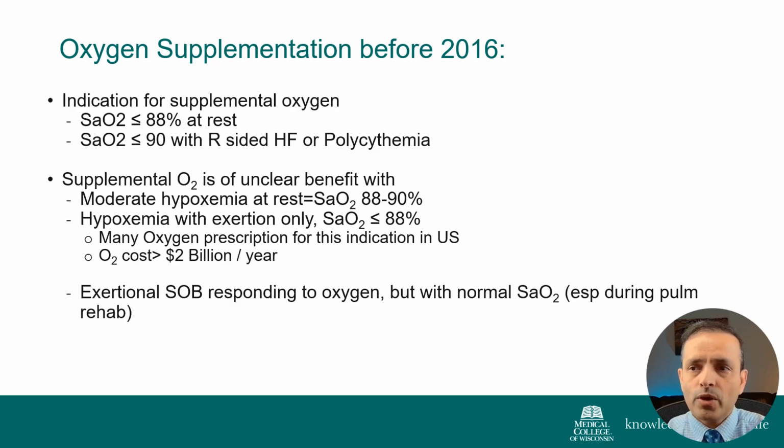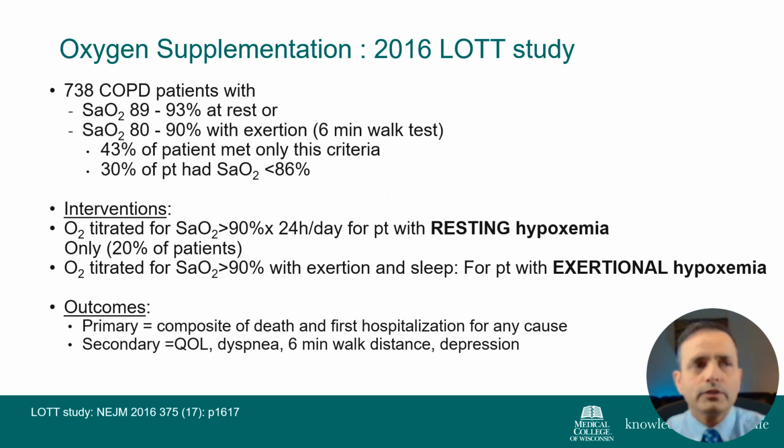And we don't know what to do for those people with exertional shortness of breath responding to oxygen but with a normal SaO2, especially during pulmonary rehab. That's when they decided to do the study called LOTT, which was published in NEJM in 2016.